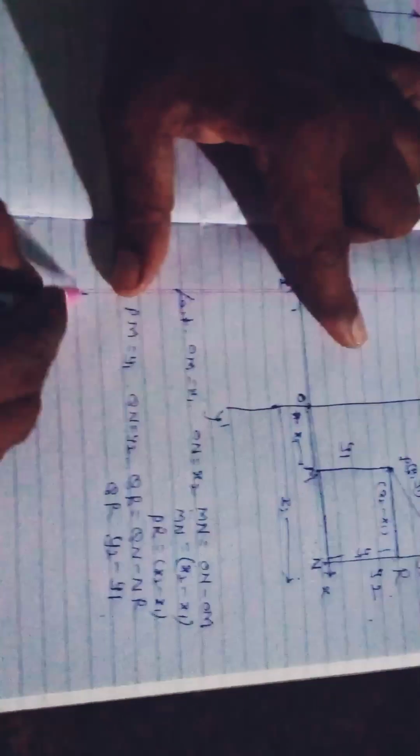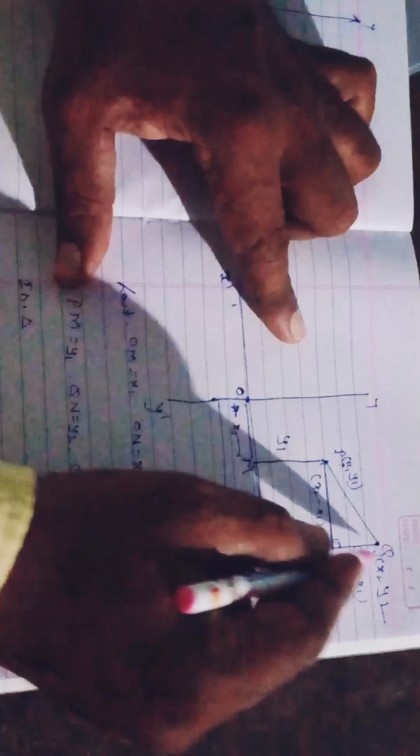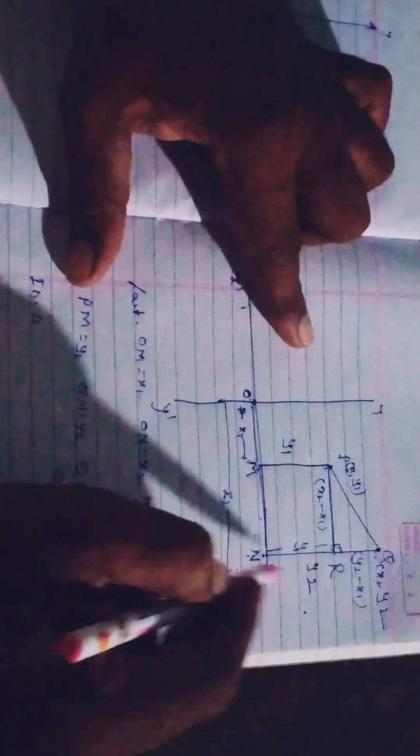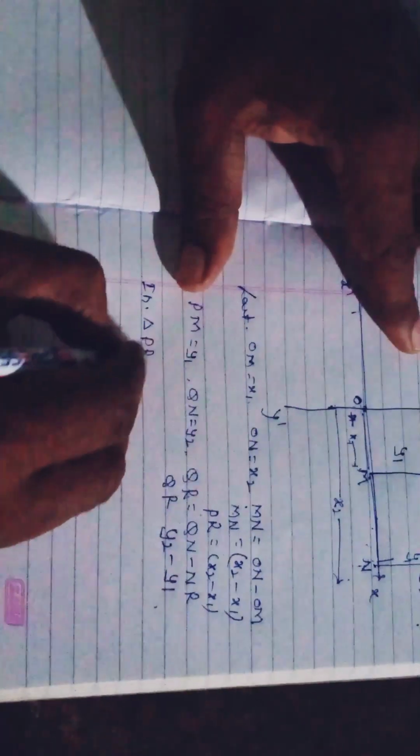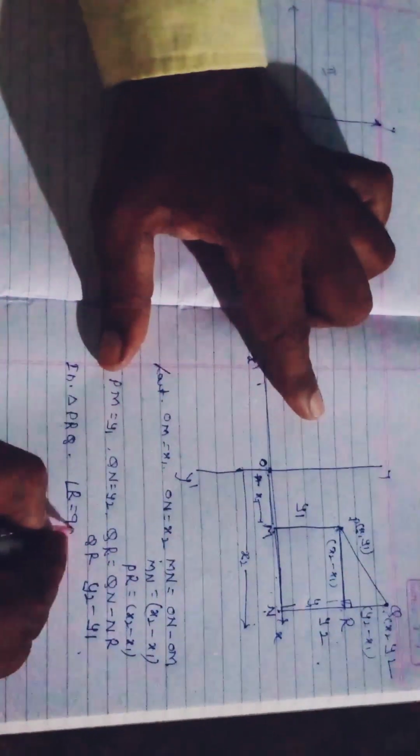Now we take triangle PRQ. This is a right angle triangle because we drew PR perpendicular to QN. In triangle PRQ, angle R is equal to a right angle.